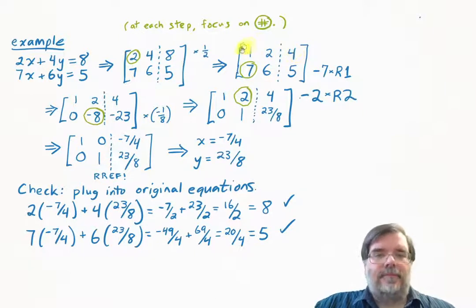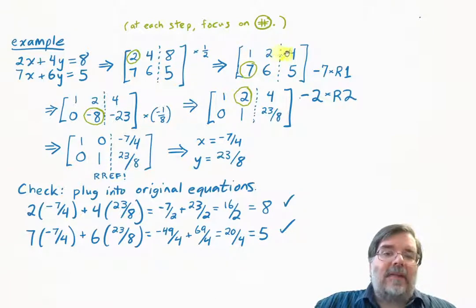Every time we create a 1, we're going to add and subtract multiples of this row containing the 1 from the other rows to zero out the numbers that appear above and below it. So in this case, I'm going to focus on this 7.